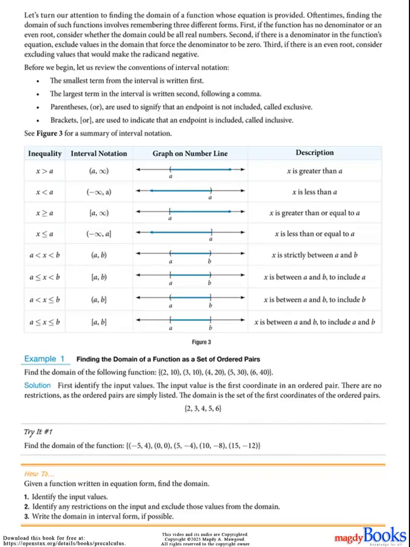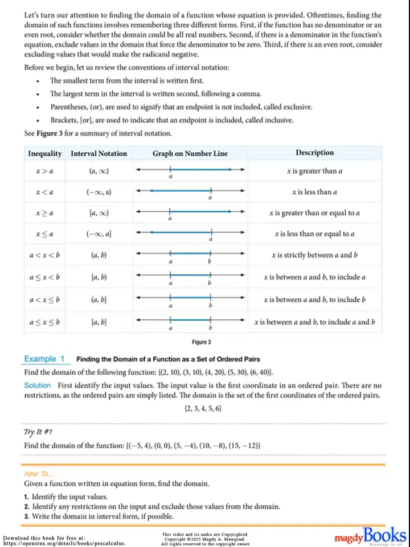Description: x is less than a. 3. x ≥ a. Interval notation: [a, ∞). Description: x is greater than or equal to a. 4. x ≤ a. Interval notation: (−∞, a]. Description: x is less than or equal to a.